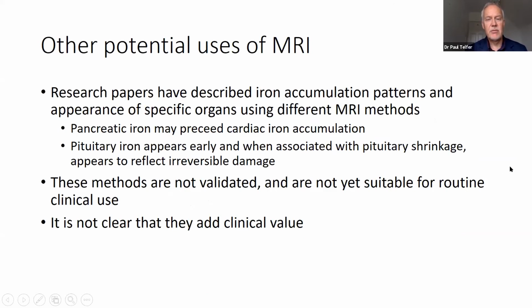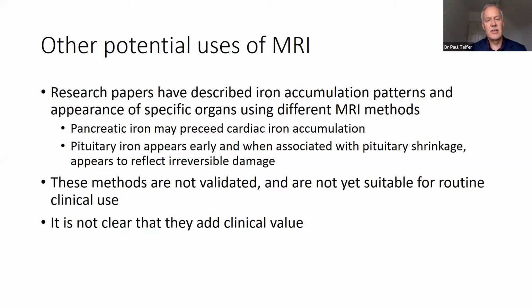There have been a number of other studies where other organs have been scanned and iron concentration measured using various methodologies, mostly R2 star, and notably pancreatic iron and pituitary iron. Of course, the pancreas and pituitary are other organs that are affected by iron overload in thalassaemia.